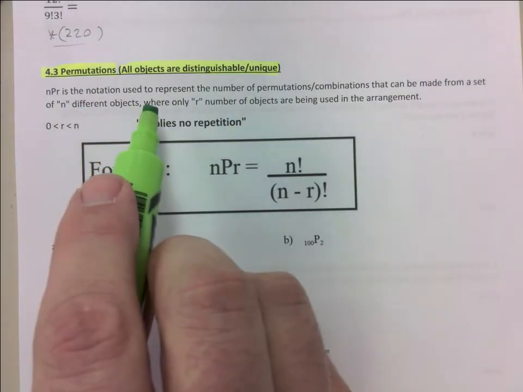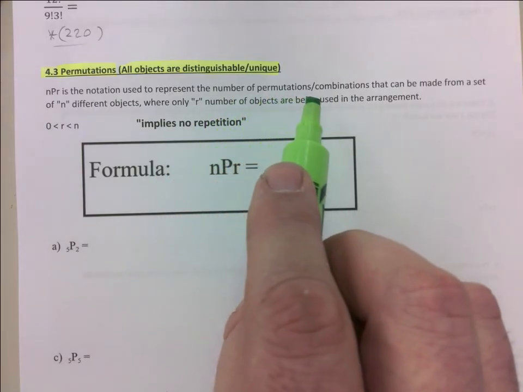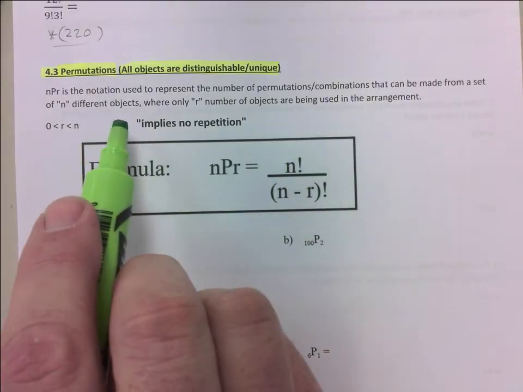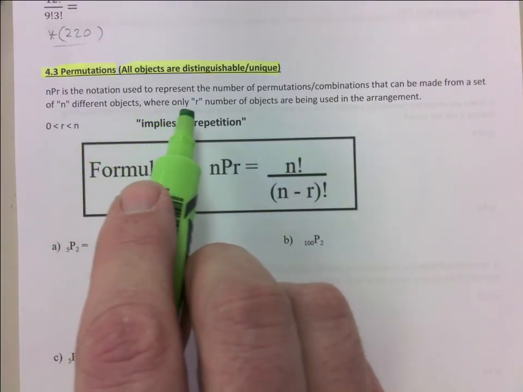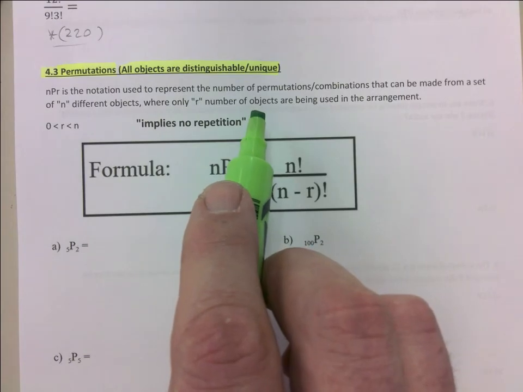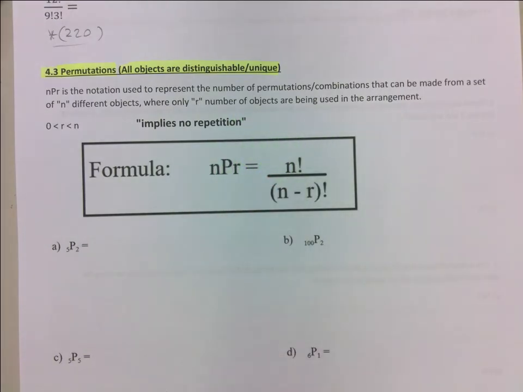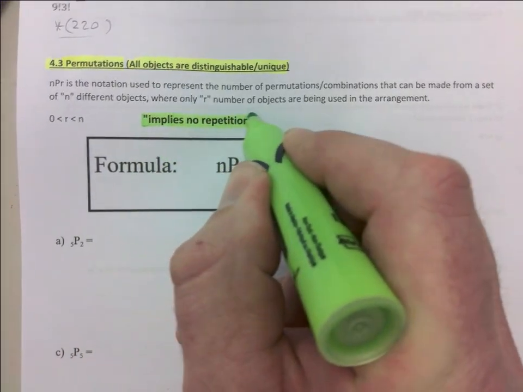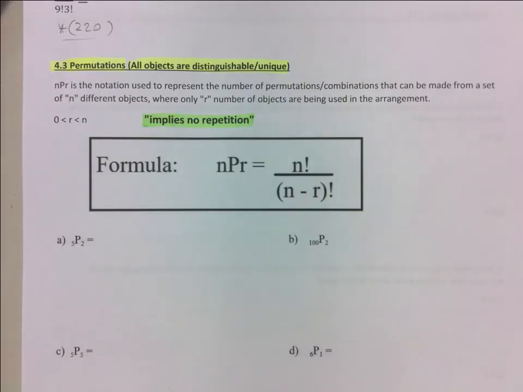The nPr notation is used to represent the number of permutations that can be made from a set of n different objects, where only r objects are used in an arrangement. When we use nPr, we're going to imply that there's no repetition allowed.